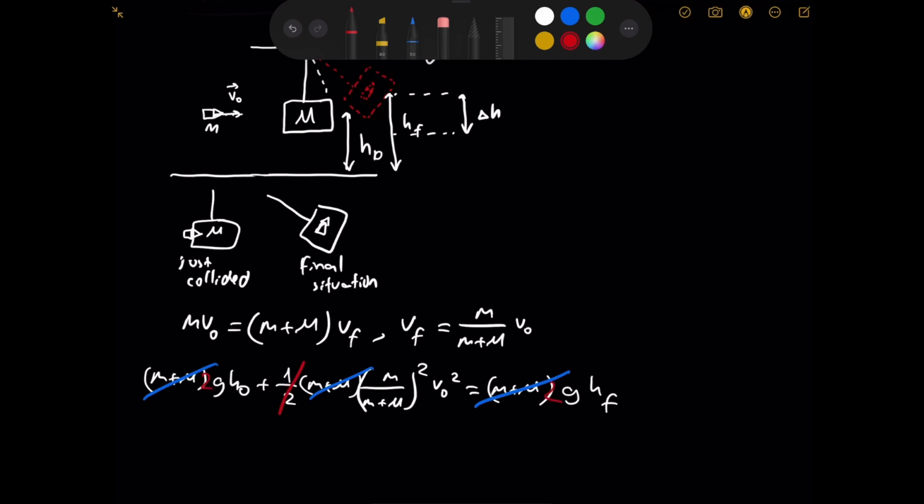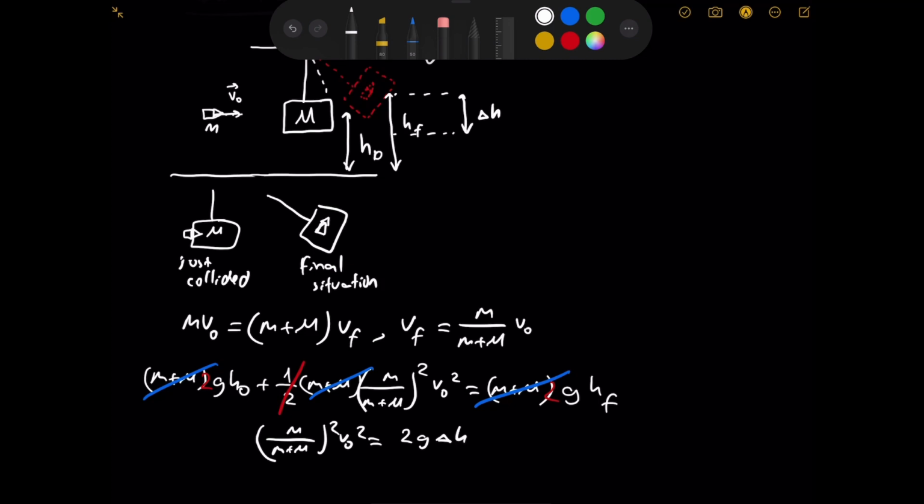And we see, if I factor out 2g here, and subtract this from both sides, we're going to have 2g, open parentheses, h final minus h naught, close the parentheses. So we would have 2g delta h. So we have then (m plus M) squared v naught squared equaling 2g delta h.